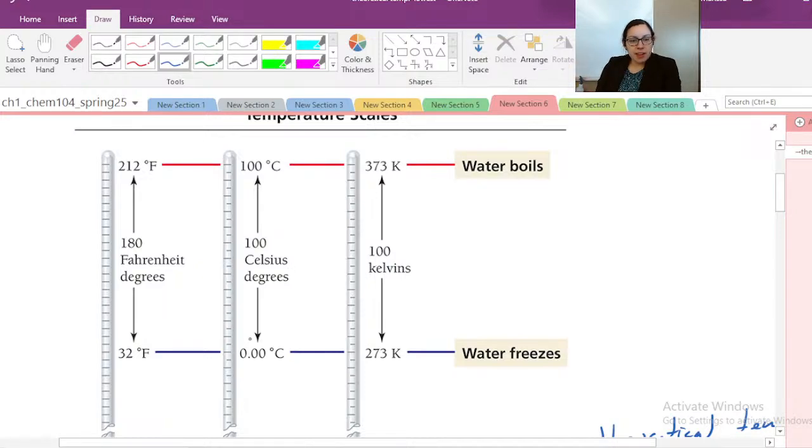You can see that clearly in where water freezes. Celsius is maybe easier to learn since water freezes at 0 and boils at 100, nice easy numbers to remember. With Kelvin, water freezes at 273, and then notice the 100 Kelvin difference to water boiling.